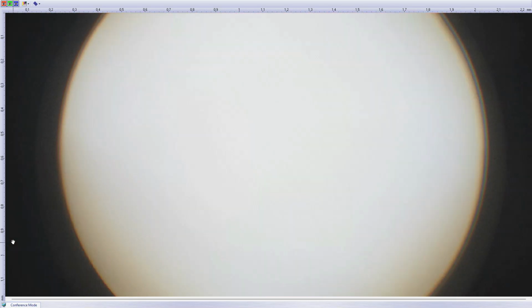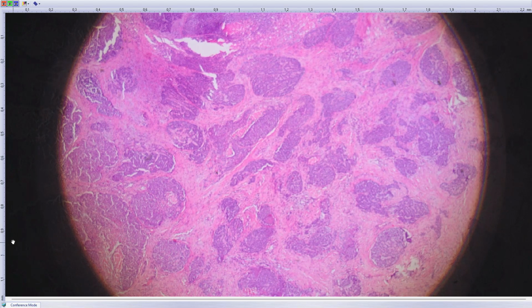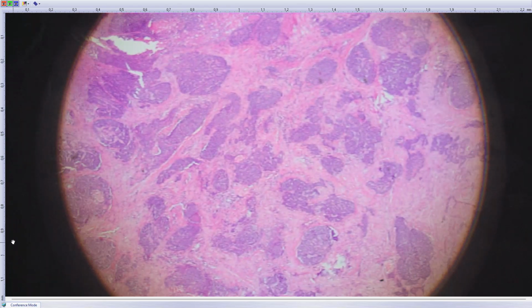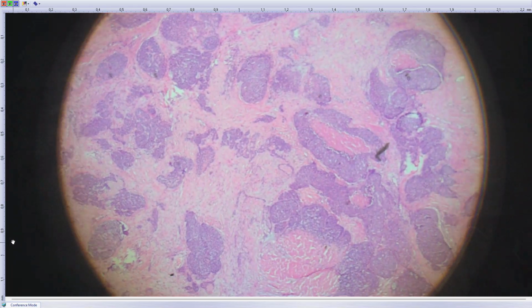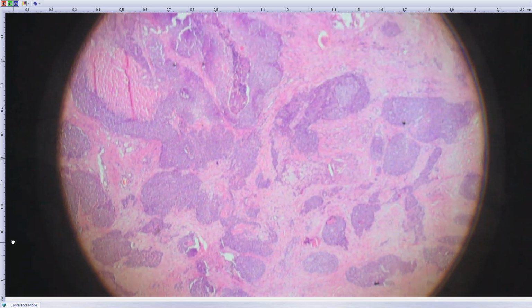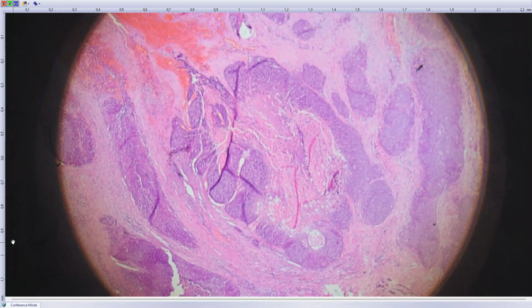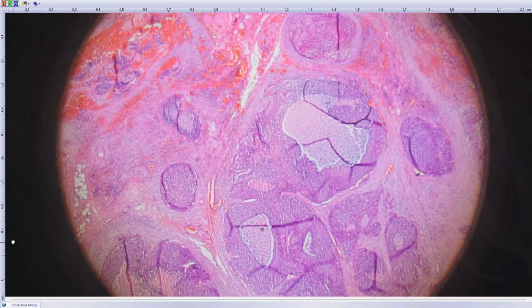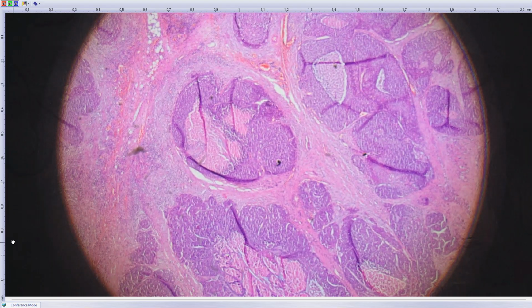So the diagnosis is open, and there was some kind of diagnosis, and they did an excision, and they sent the excision also. So the excision shows more, and here we have the tumor. Again, first in scanning magnification, you can appreciate that the tumor grows in lobules with central necrotic foci.